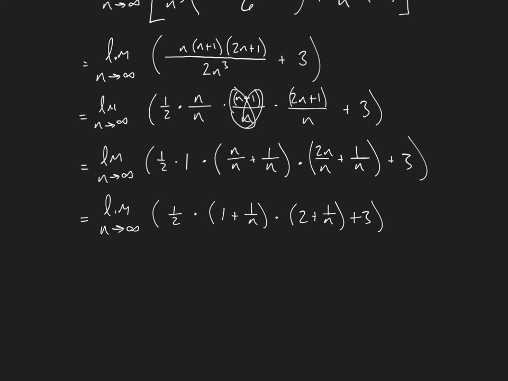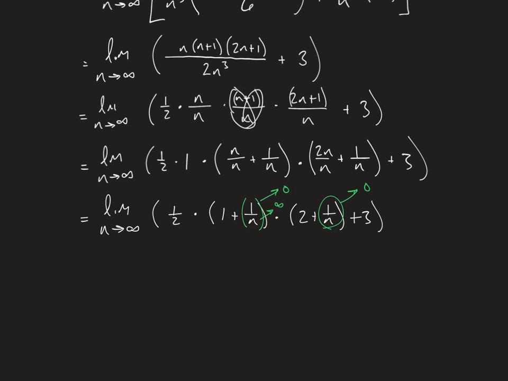And now we can actually evaluate this limit pretty nicely because you're going to see that as n approaches infinity, if this is going to infinity, then this whole term is going to go to 0, right? If that denominator is growing, then that whole term is going to 0. Same thing with this term, that's all going to go to 0 if n approaches infinity.